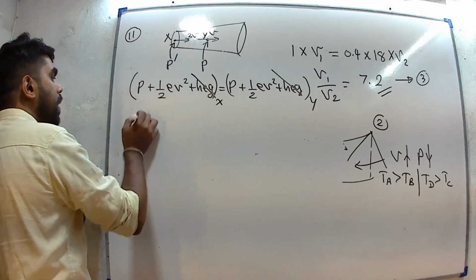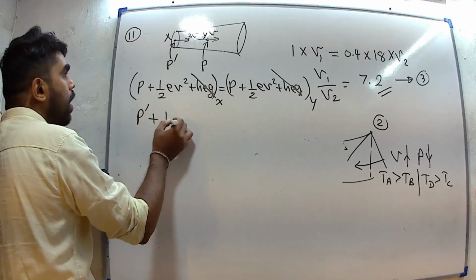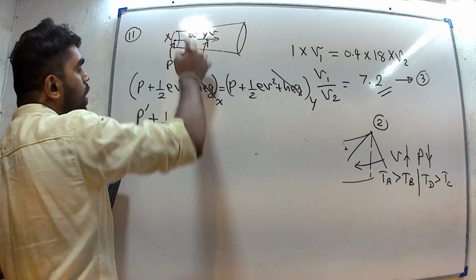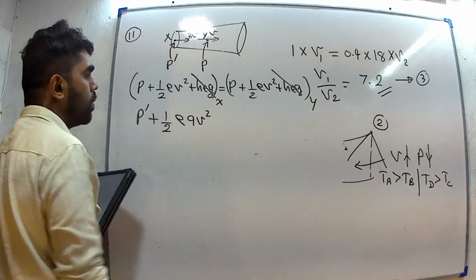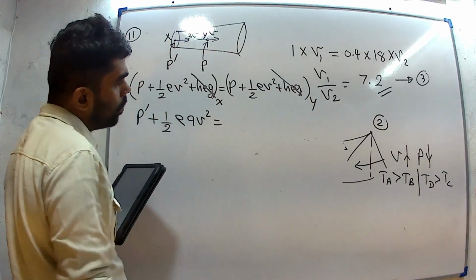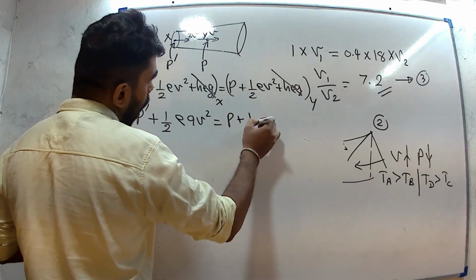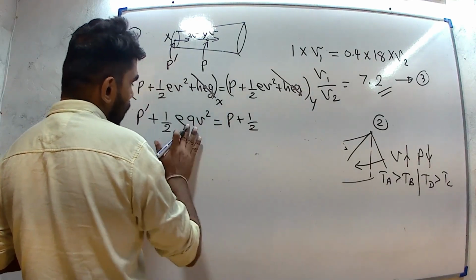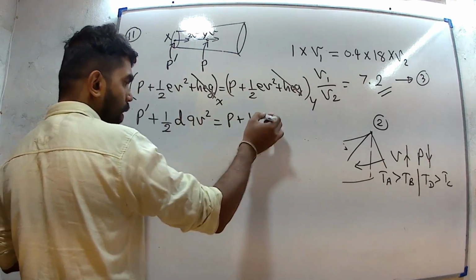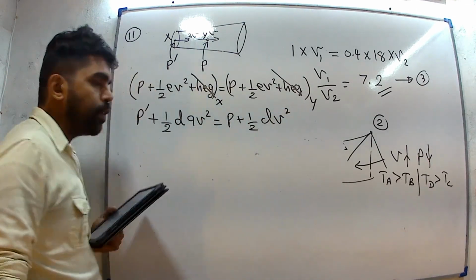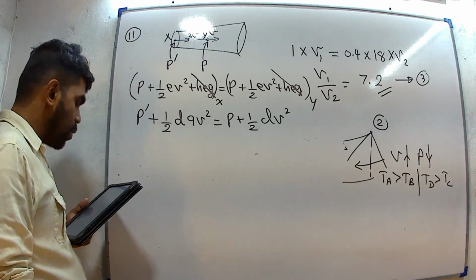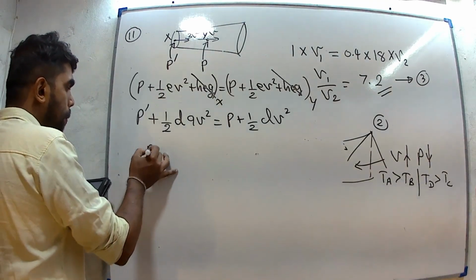Pressure at x, P dash, we have to find it. Half rho (3v) squared means 9v squared, should be equal to P plus half rho v squared. Density is given as D, therefore we can substitute D for the density. Now we have to make P dash the subject.